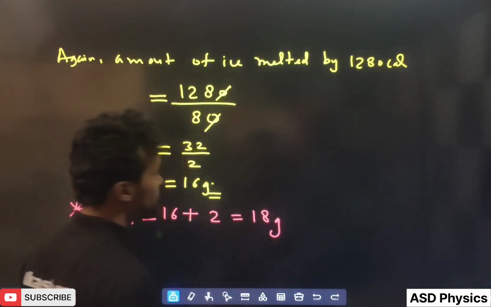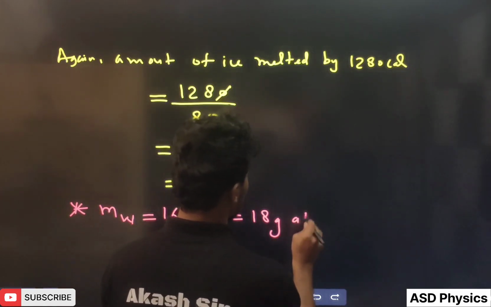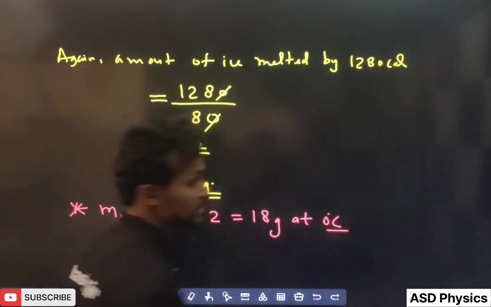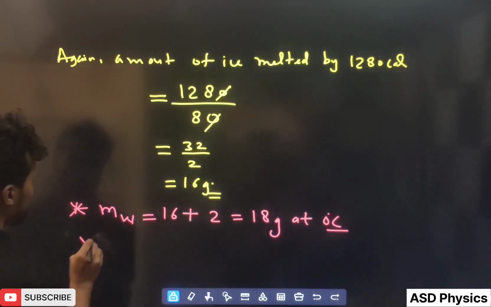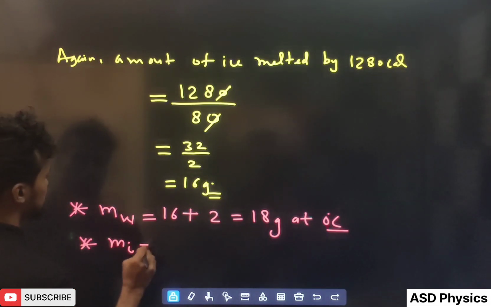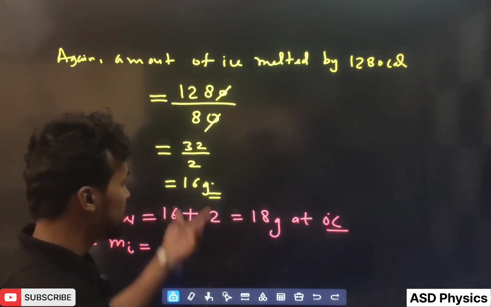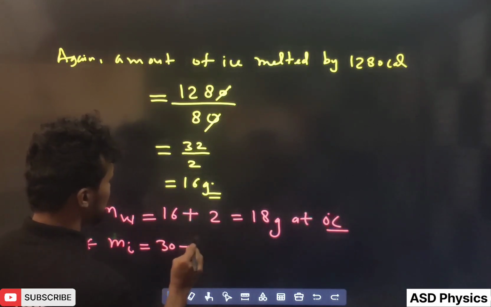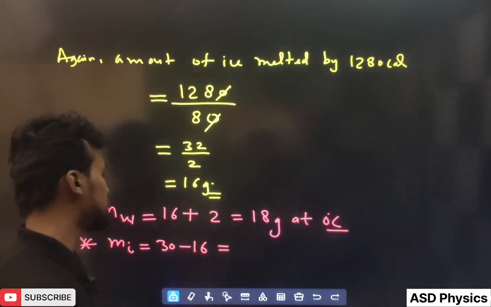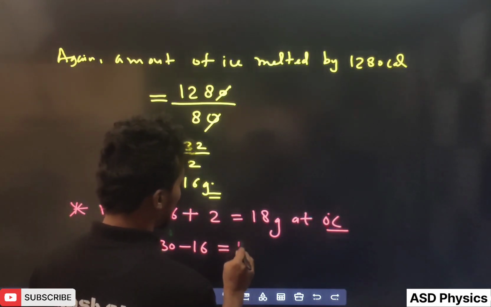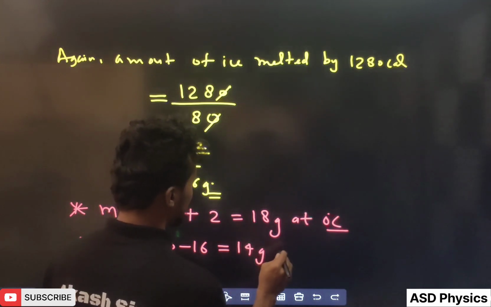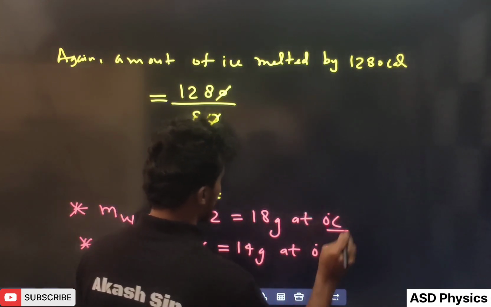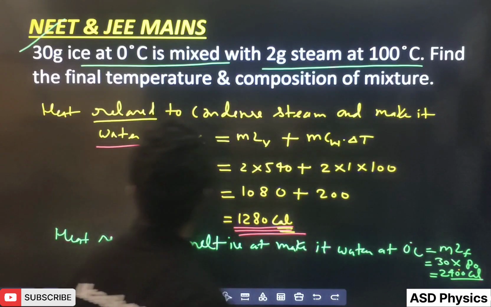That means in the mixture there is 18 gram of water at 0 degrees Celsius. Mass of ice: 30 gram was there and 16 gram melted, so 30 minus 16 is 14 gram, at 0 degrees Celsius.